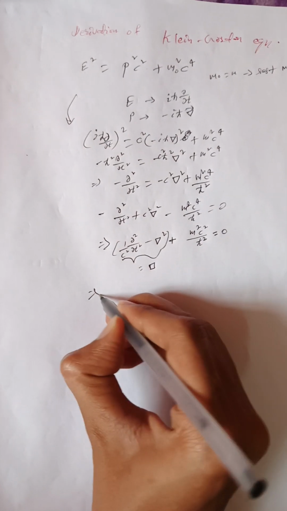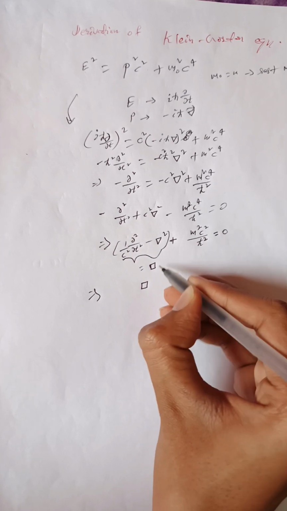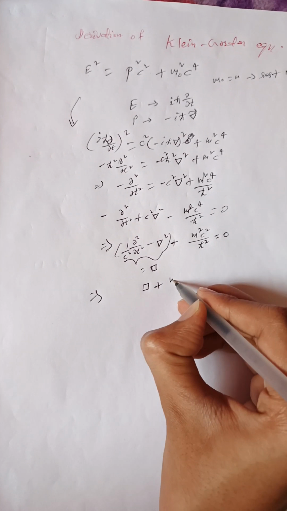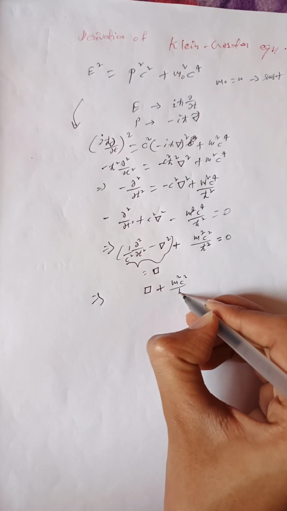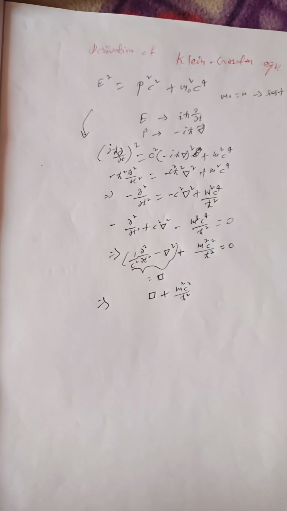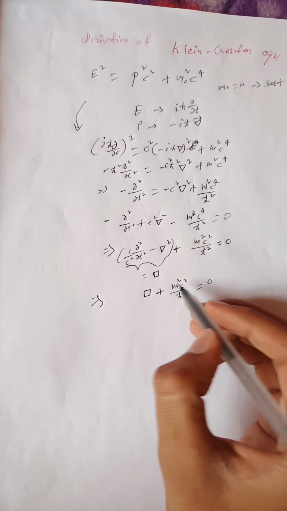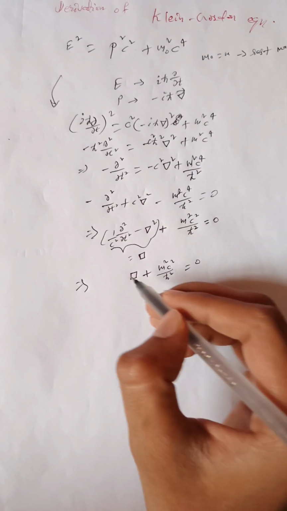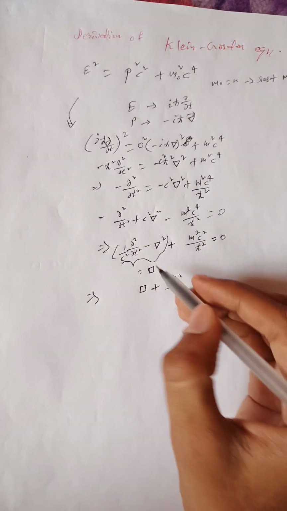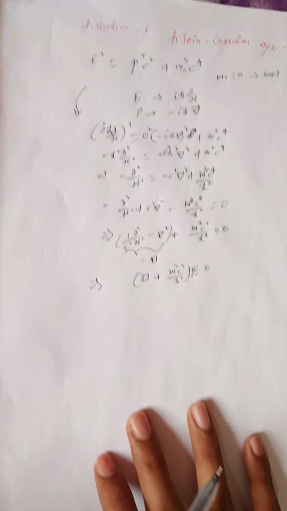So we can write this as this, plus m squared c squared by h bar squared, equal to 0. But this does not make sense by itself, it's just an operator, so we apply this operator on some function, so we put psi here, and this side it will become 0.